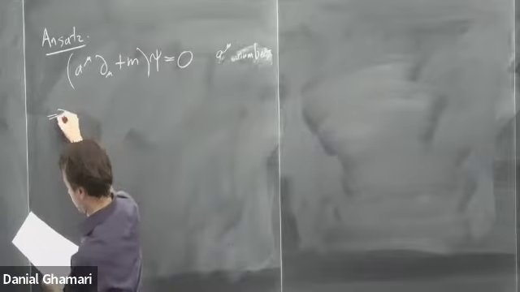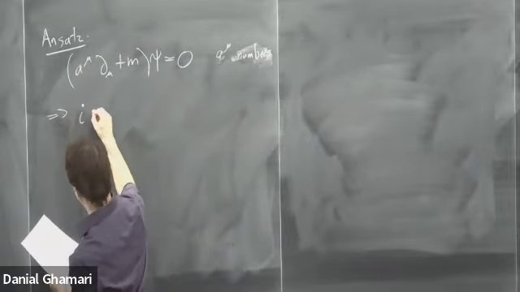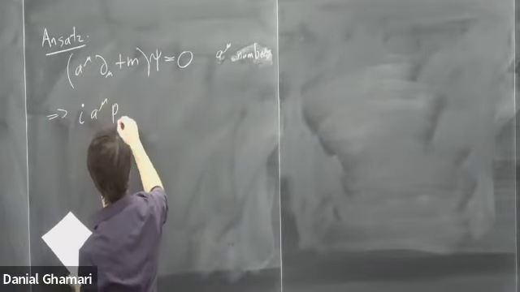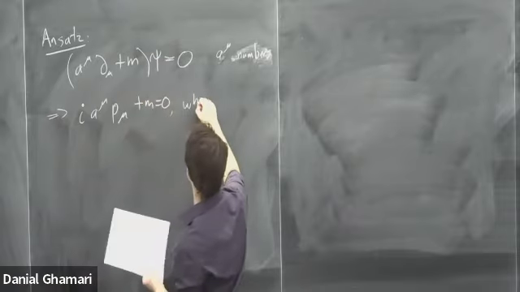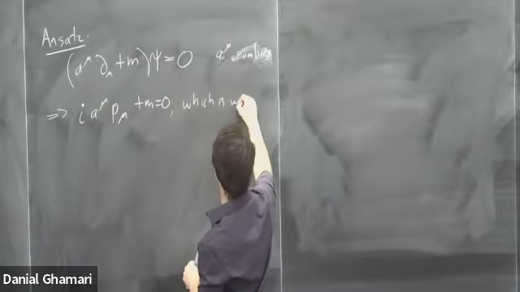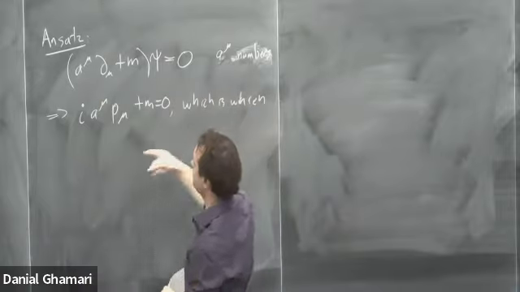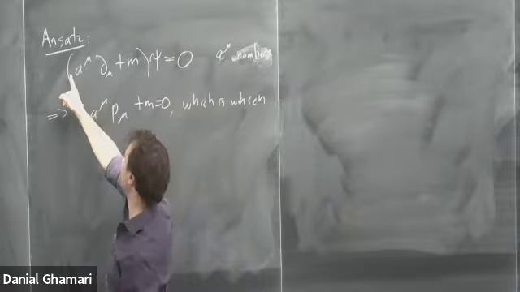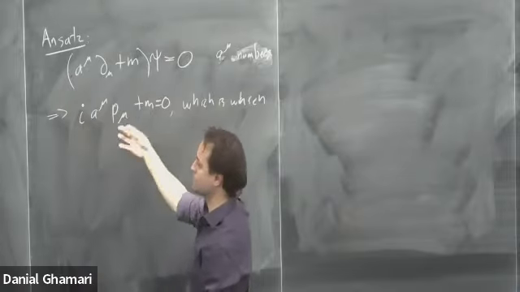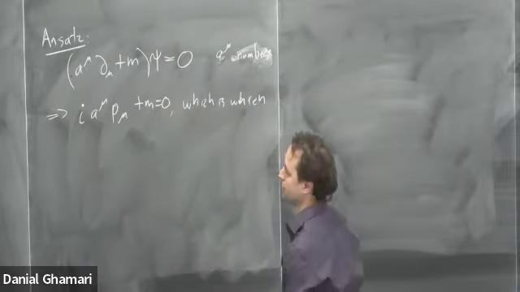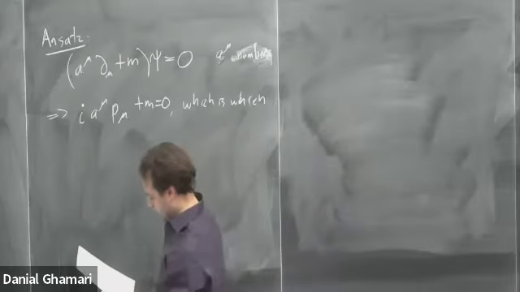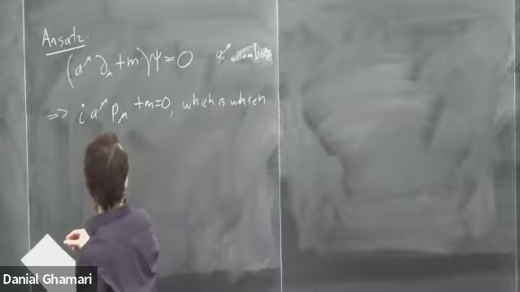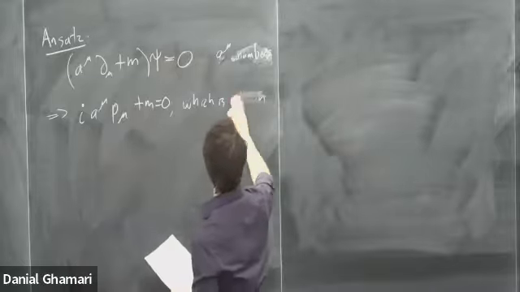Then we would end up getting, for our plane wave solution, i A mu p mu plus m is 0, which is wrong. It's not just that there's an i popping out here, but we could just choose to put an i there instead. It's more that this is just not the right relationship. It doesn't recover the relationship that p squared should be equal to m squared. So this is wrong.